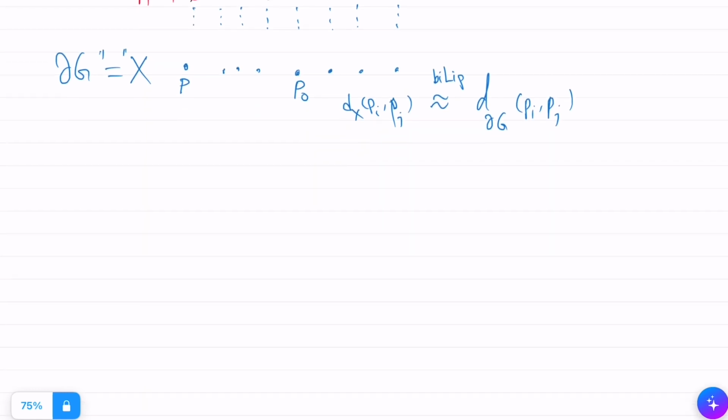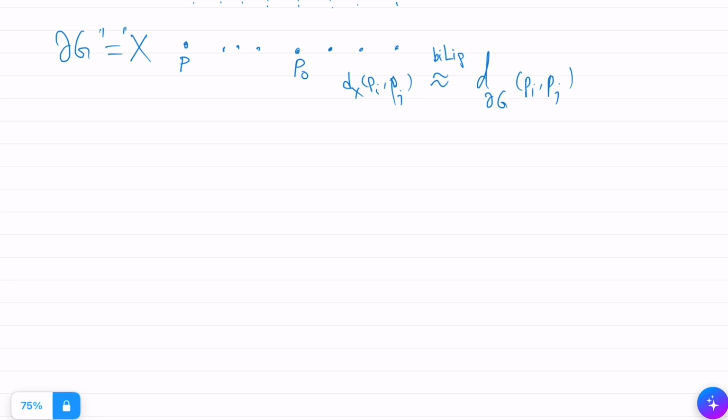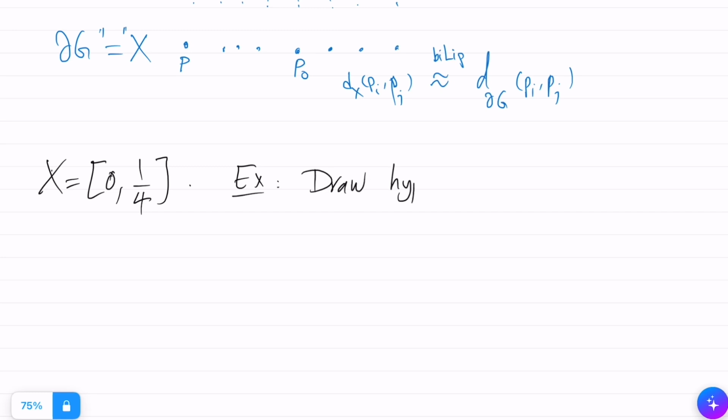Okay, so as an exercise or a follow-up, I will ask you to see how the behavior on the line segment goes. So exercise, draw the hyperbolic graph with, say, alpha equal 2.